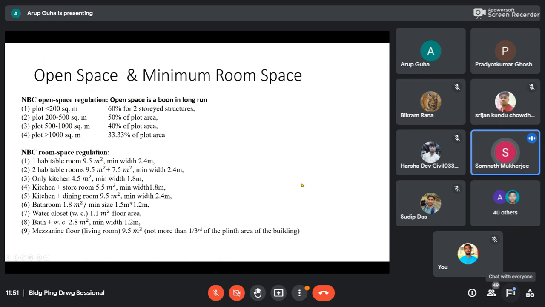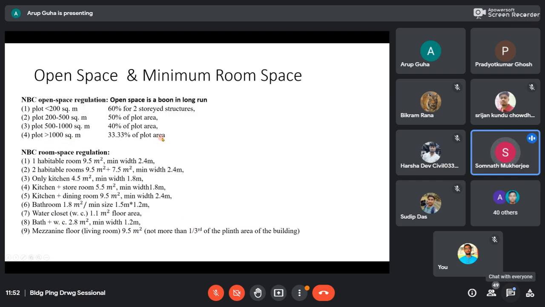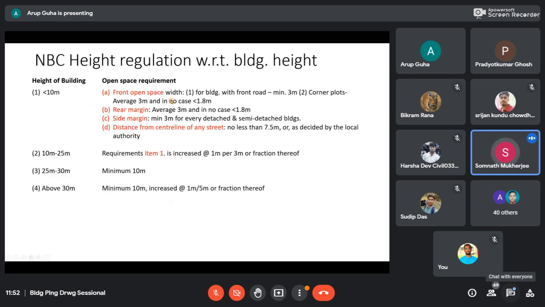Again I'm just continuing with my lecture. Arup, go to the last slide which you have shown. You see, first you have to ask the budget, ask the requirements, etc. These are the different requirements, and then we will make a preliminary plan with some line diagram, and after the line diagram will explain to the client that these are the facilities to be provided. If he or she accepts, then we will go for the dimensioning of these rooms and etc. Now I am coming to the dimensioning.